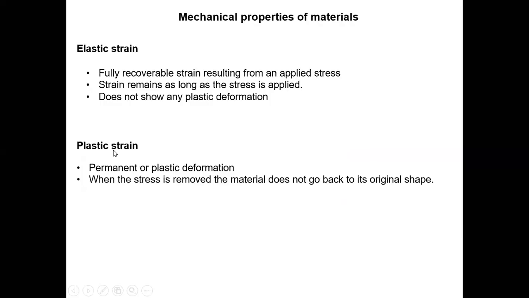But plastic strain, we call permanent deformation. That elongation or contraction is permanent, right? When the stress is removed, the material does not go back to its original shape. That's what we call the plastic strain, right?